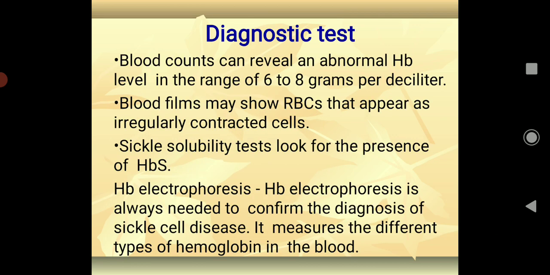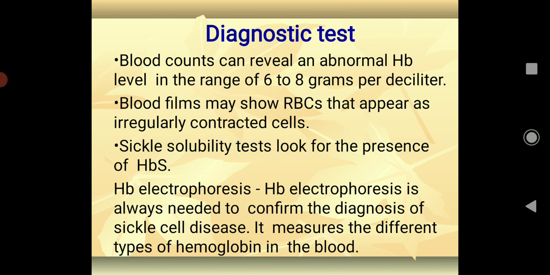Diagnostic tests. Blood count can reveal an abnormal hemoglobin level in the range of 6 to 8 grams per deciliter. Hence, a blood test is done for the diagnosis of sickle cell anemia. Blood films may show RBCs that appear as irregular contracted cells.